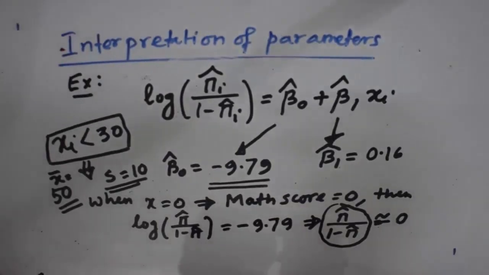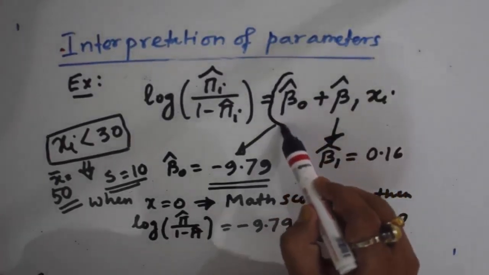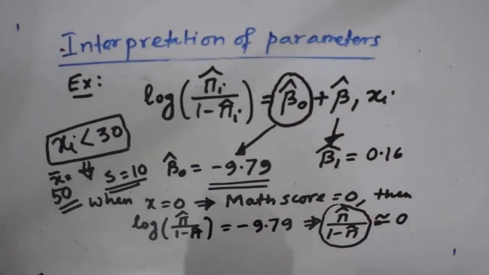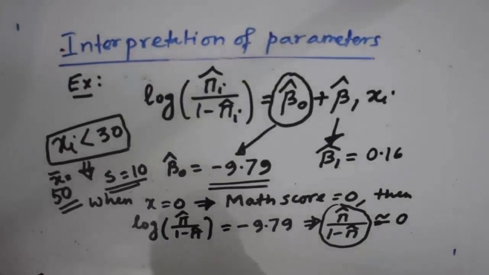So the intercept, that is beta naught, in this model corresponds to the log odds of being in an honors class when math is at the hypothetical value of 0.